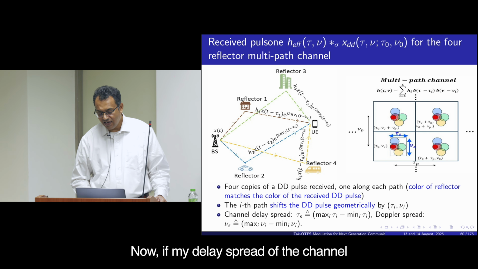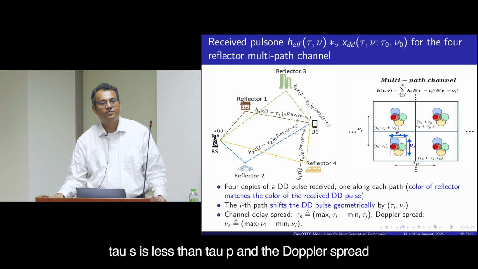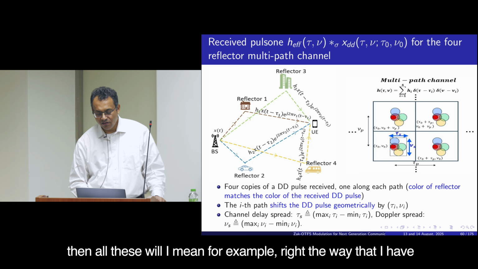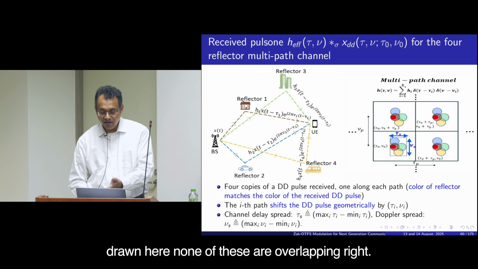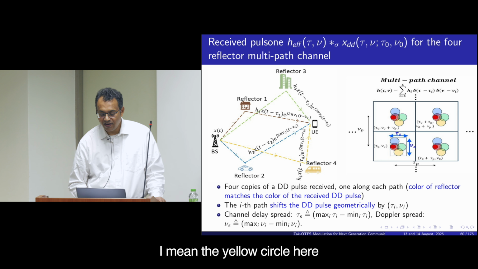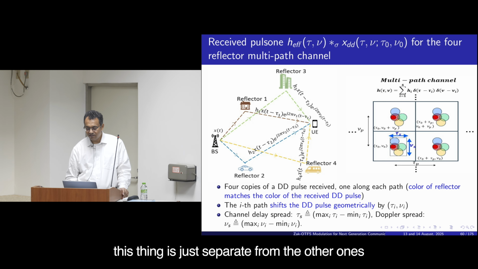Now if my delay spread of the channel tau_s is less than tau_p, and the Doppler spread nu_s is less than nu_p, then none of these are overlapping, the way that I have drawn here. The yellow circle here is not overlapping with the blue or any other circle, it is just separate from the other ones.